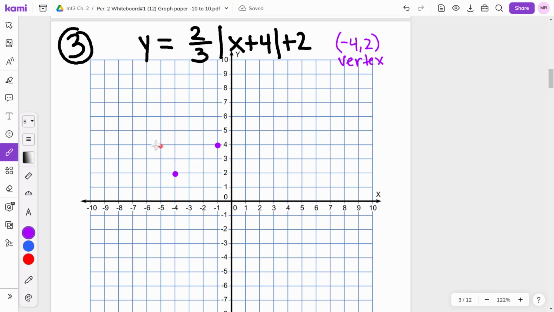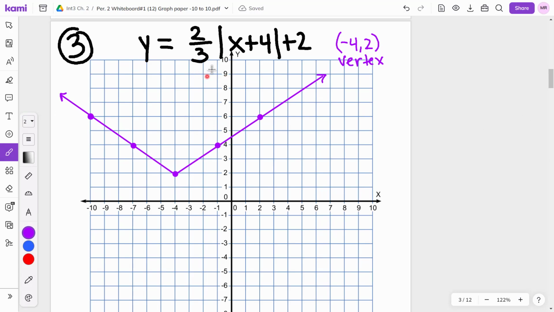So up 2/3, up 2/3. Let me do the same over here, up 2/3. And then I can connect this. Again, it extends beyond. And that is our absolute value graph.